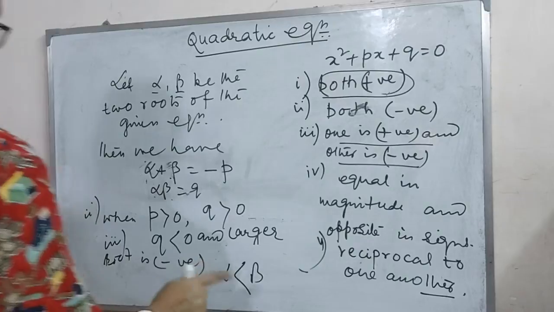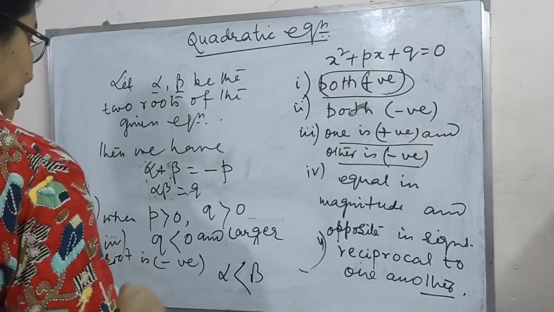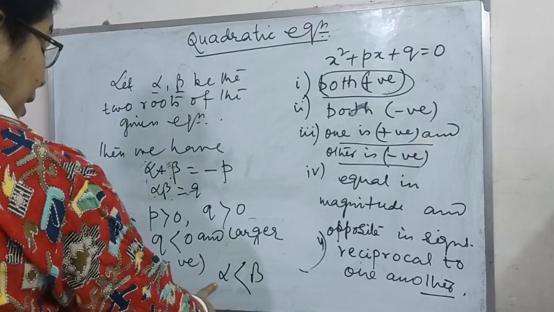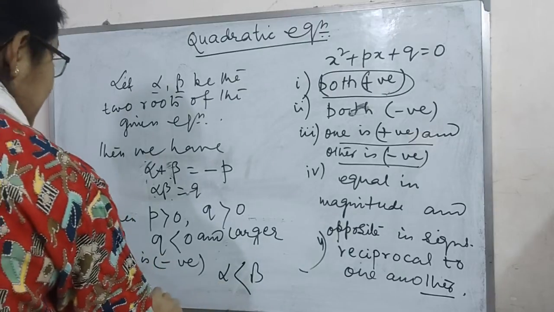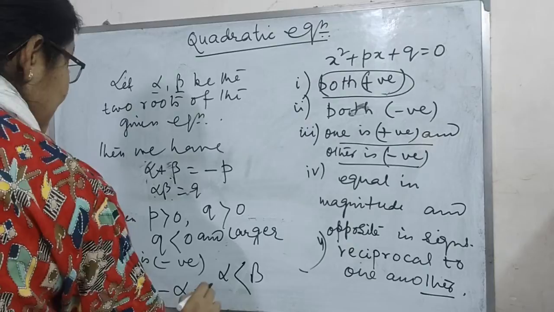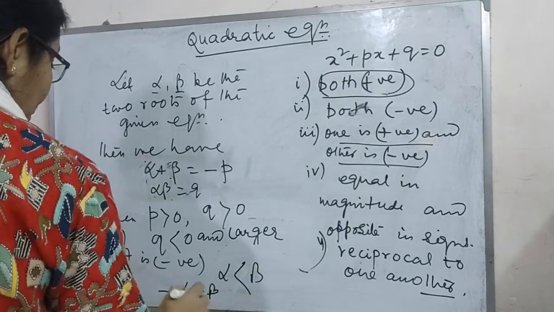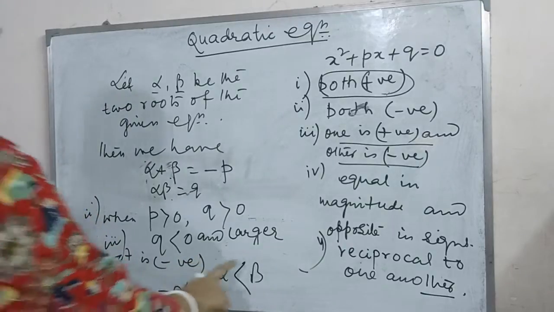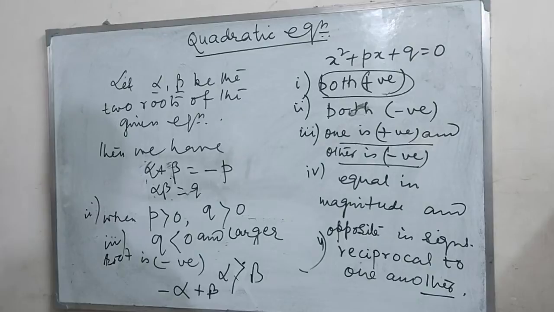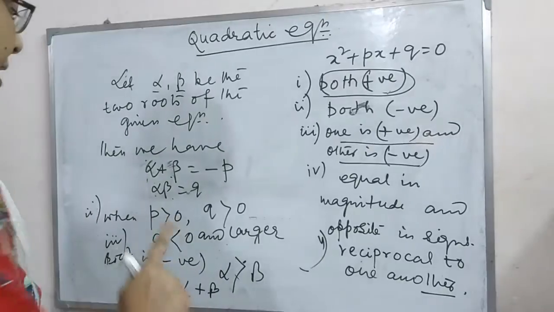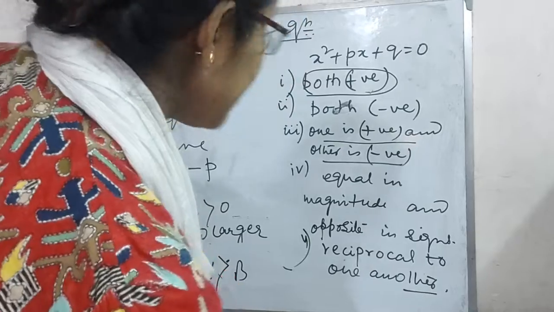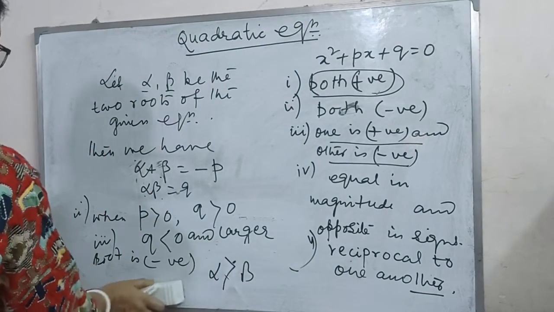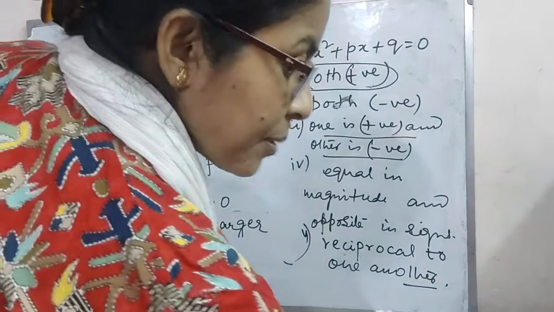That means minus alpha plus beta, whichever is larger, that is negative, then the value is negative.